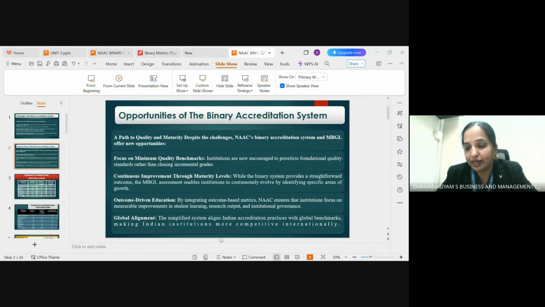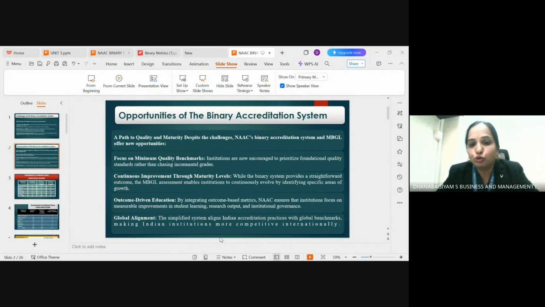We call it binary accreditation. To give you a good example, there was an institute in Andhra Pradesh. It was very hot news in most of the newspapers, showing how unfair practices were happening.